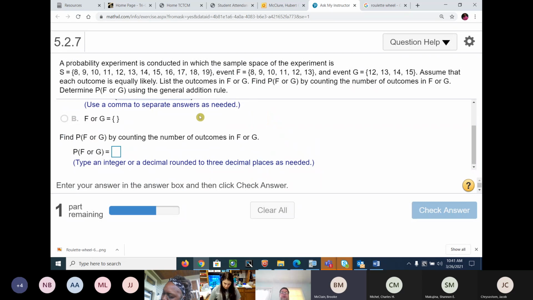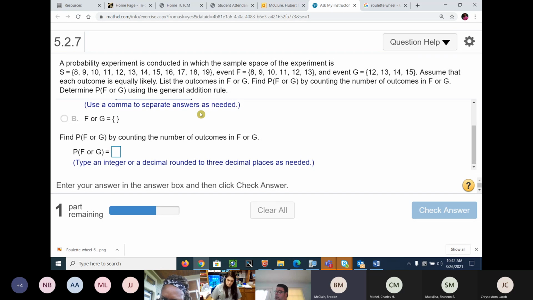Will somebody tell me what the total set is? We need a denominator. So somebody tell me what the denominator is. What's the big set? How many? 1, 2, 3, 4, 5, 6, 7, 8, 9, 10, 11, 12.